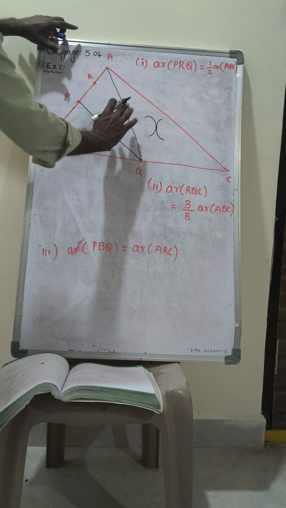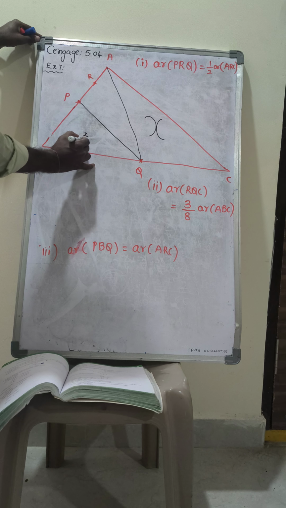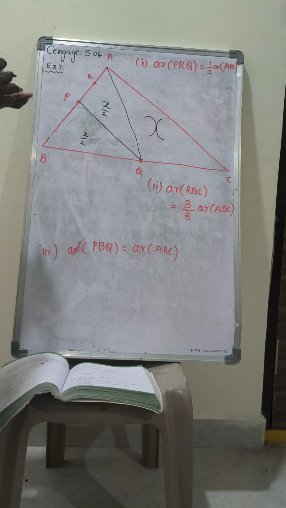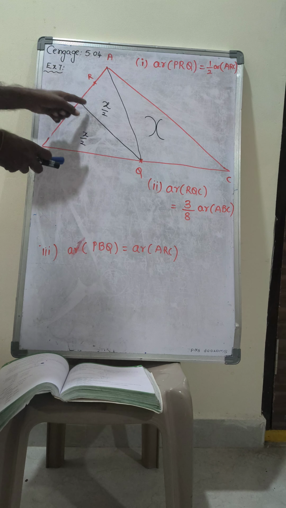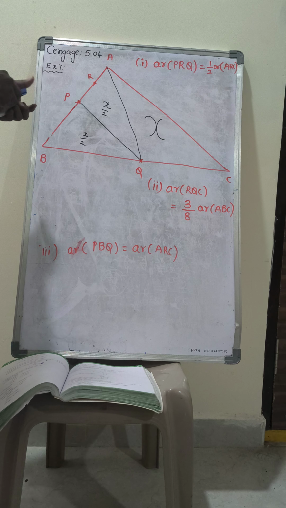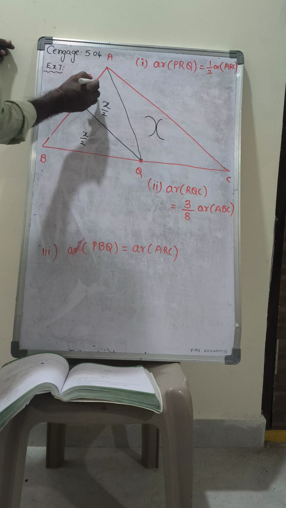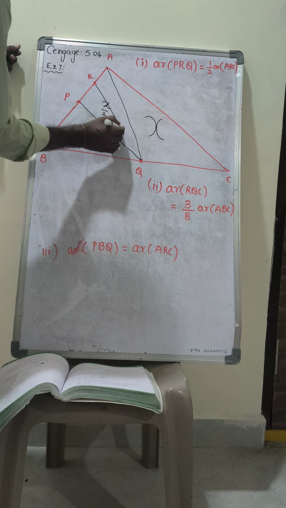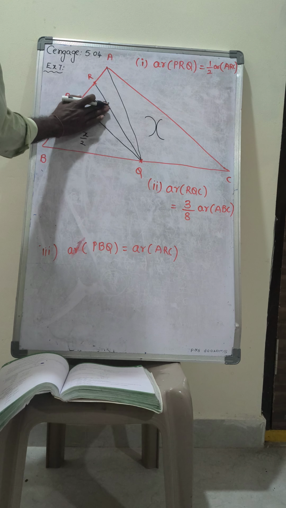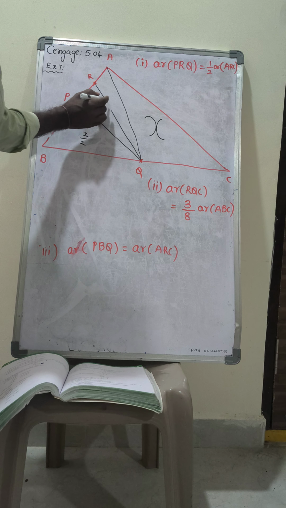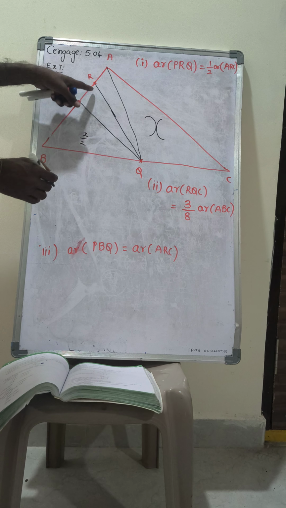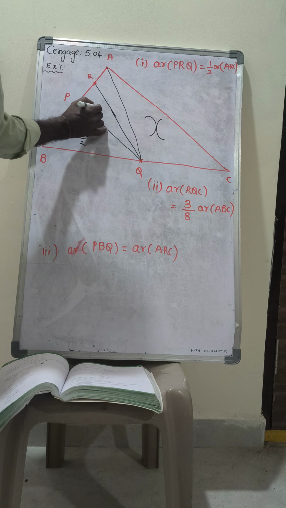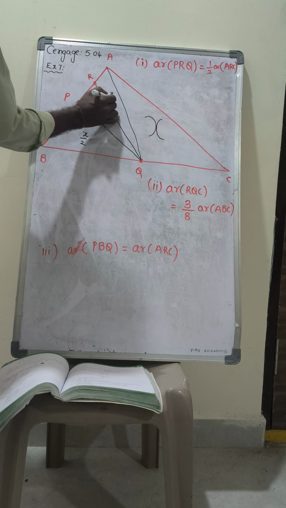If the entire part is x, this part will be x by 2 and this part x by 2. Again, in APQ, if you join R and Q, RQ is a median, so it divides the triangle into two equal parts. If this is x by 2, then this will be x by 4, and this will be x by 4.